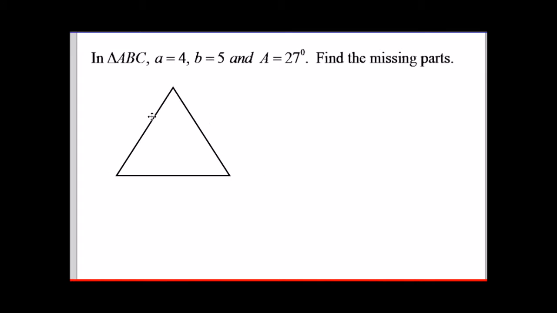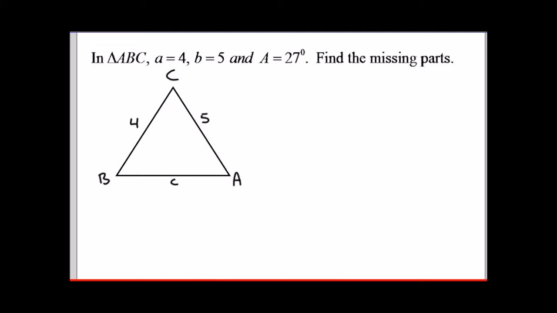It's better to just draw a generic triangle and label it. Let's say I call this side A, which is 4, then this is angle A. If side B is 5, maybe I'll put it right here, then this is angle B. So this is angle C, and this is side C.